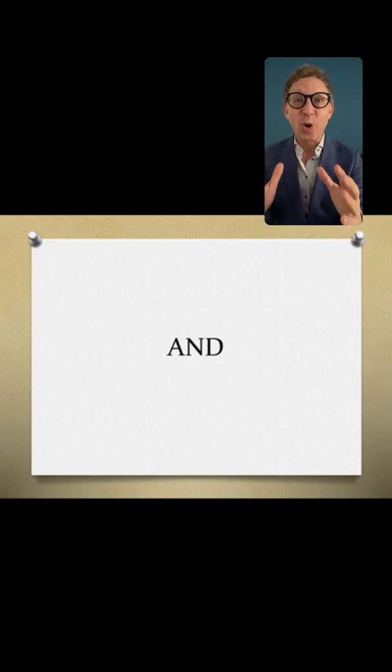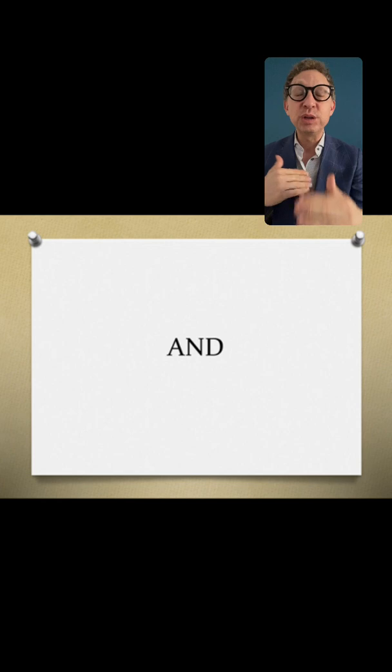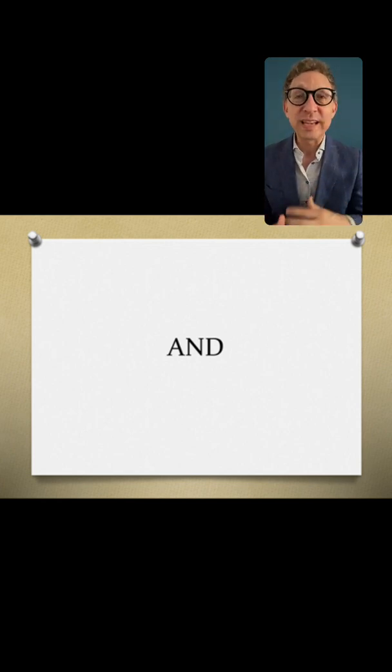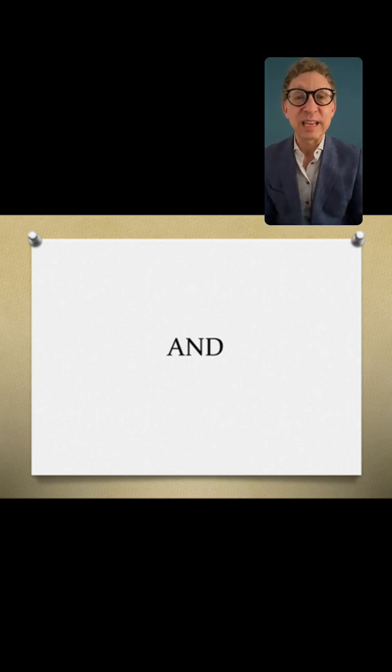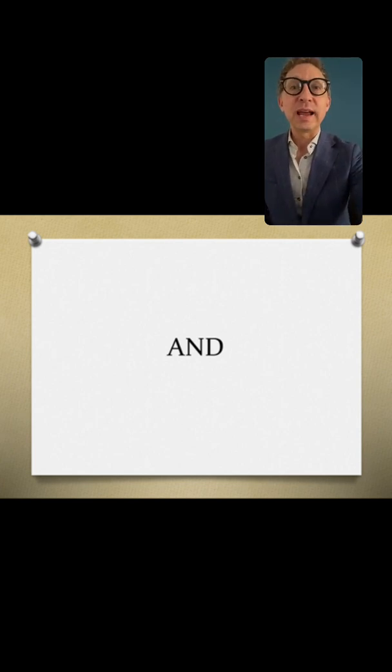I'm going to take one simple sentence and then show you different ways that we can express this without using and. So all of you know how to use and, I think, or most of you do. I'm going to show you different ways you can express the same concept and not always have to use the word and. Are you ready?